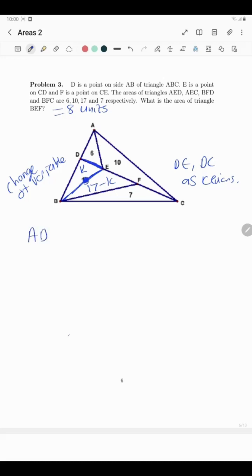Using the cevian theorem, I know that AD divided by DB can be calculated in the following ways. First of all, it can be calculated as the area of triangle ADE over the area of triangle BDE. DE is a cevian of triangle AEB, so the ratio of triangle ADE over BDE will give me AD divided by DB.